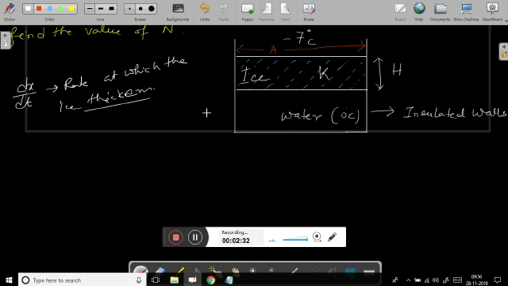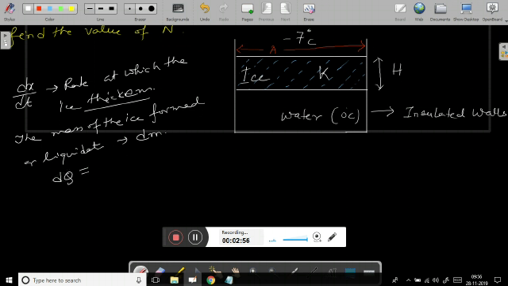Now if we consider the mass of the ice which is formed or liquefied, suppose this amount is dm, then we can say dQ is the amount of heat released or acquired. If the ice is formed, the heat is released, but if the ice is melted, the heat is acquired.